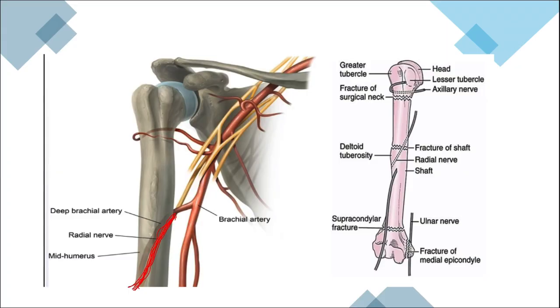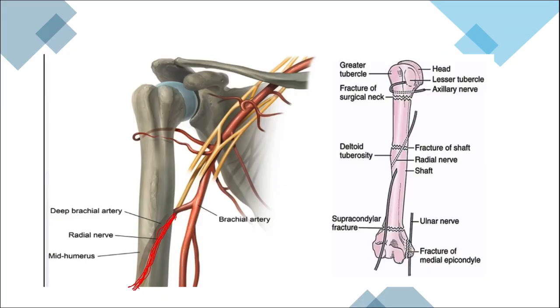Because the nerve passes very close to the humerus, they compress the spiral groove and the radial nerve, and the patient will feel total numbness, numbness and tingling sensation. That condition we call Saturday night palsy, or compression of the radial nerve.